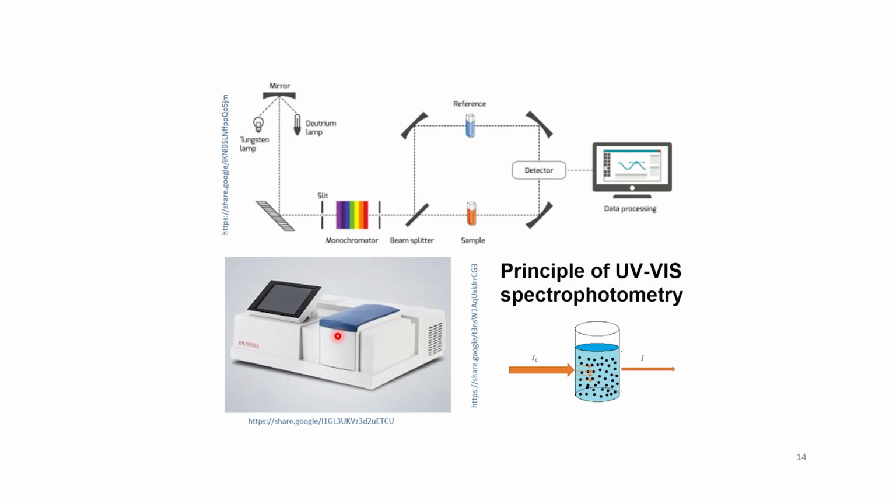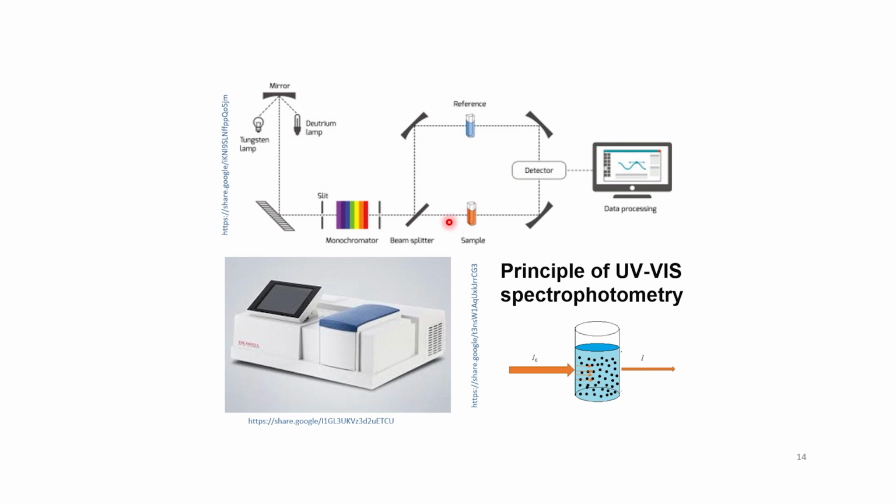You put your sample inside this and switch it on, and there is a light source inside. It goes on the mirror, is reflected on a reflector, goes through a slit, and then there is a monochromator.